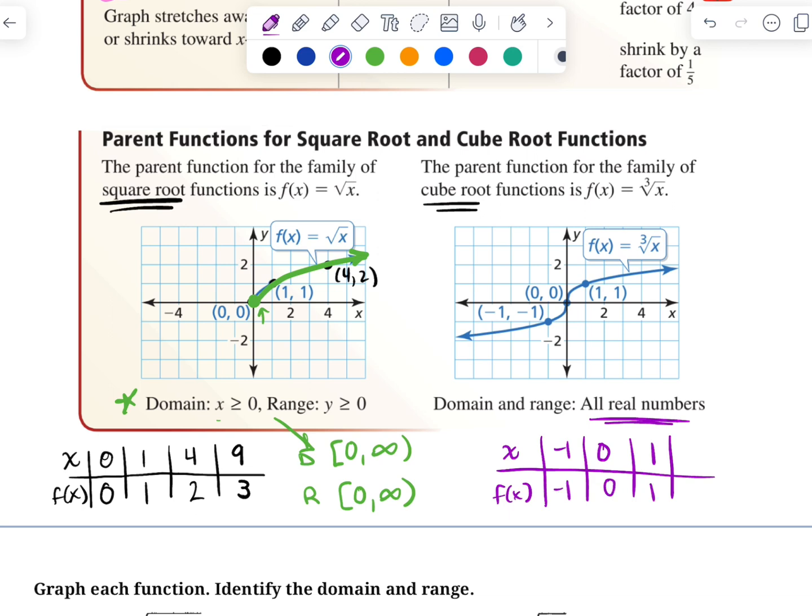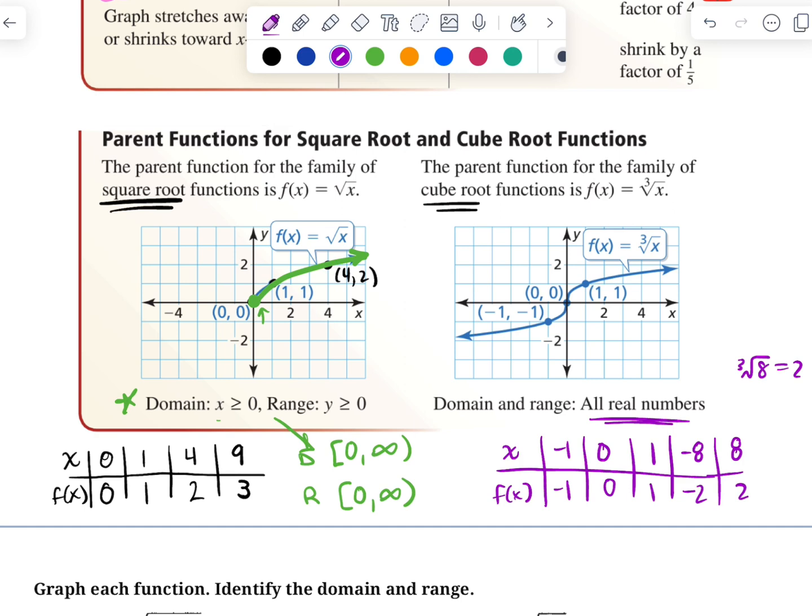They are the identical values. But the next number you'd want to go out to, we can't even see in our graph. It would be -8 or 8, because remember the cube root of 8 is 2, so the cube root of -8 is -2. So that is our table for the cube root function.